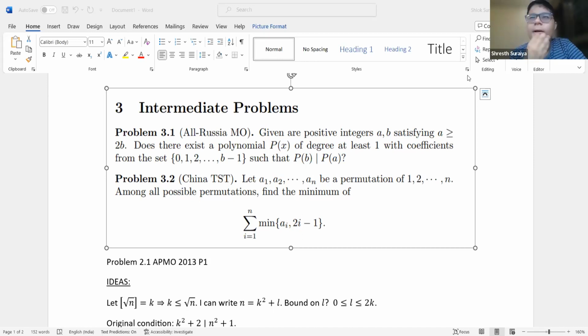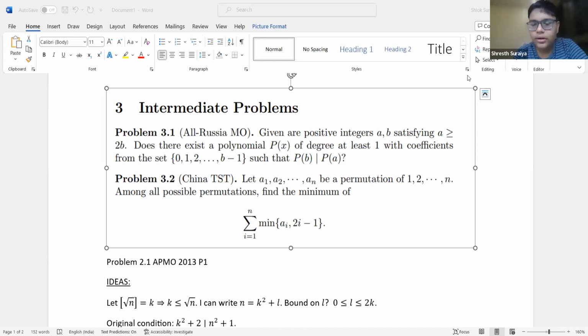Contest recommendations: these problems are taken from Balkan MO, APMO, All Russia Math Olympiad, China TST. All these you can try. Other than those, you can try the US contests, like ELMO, USAMO, USEMO, and USAJMO.